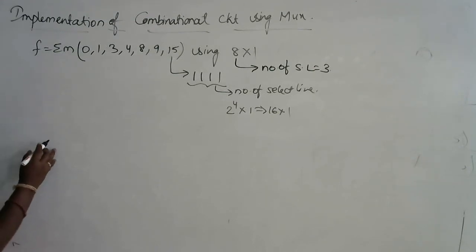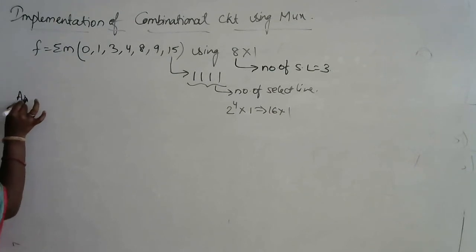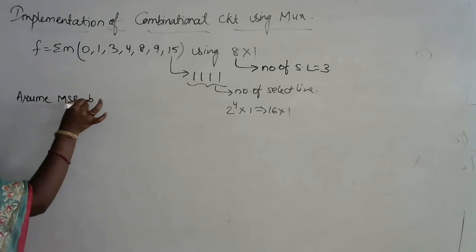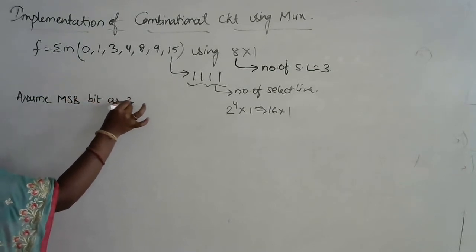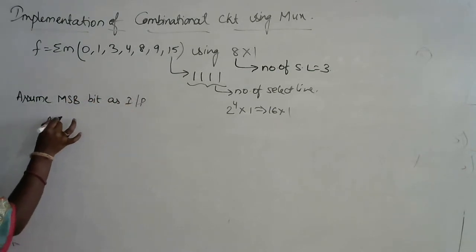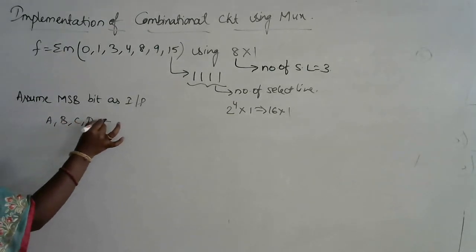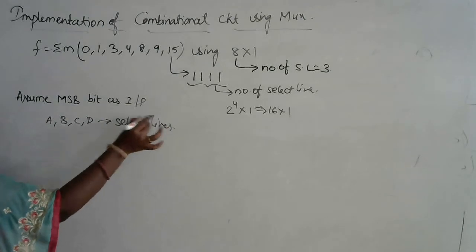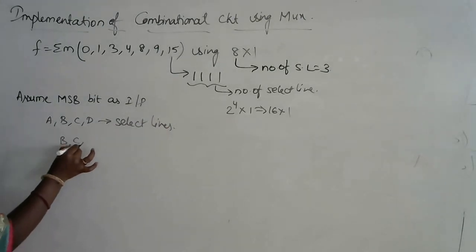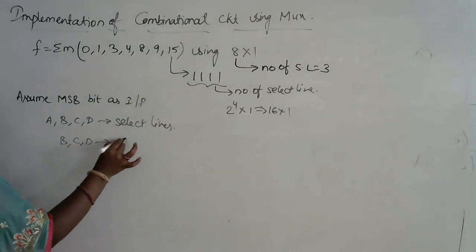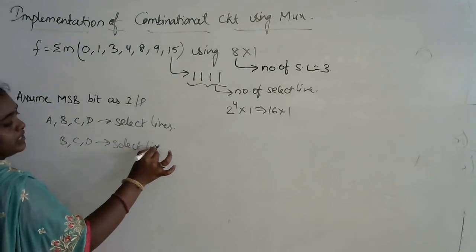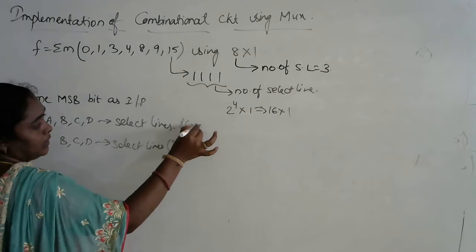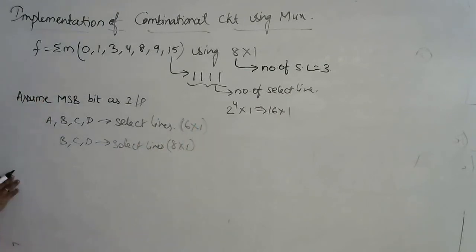One of the select lines should be considered as the input. So here I am assuming the MSB bit as input, meaning I have A, B, C, D as select lines, but as 8 by 1 has only 3 select lines, I am assuming B, C, D as select lines for the 8 by 1 multiplexer, and I am assuming that A is an input.